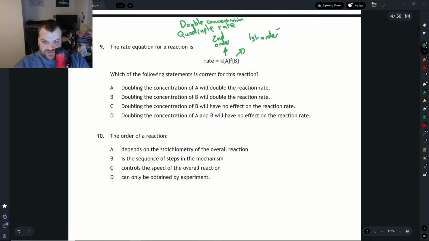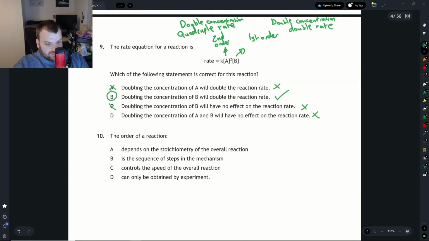And first order means if you double the concentration, you double the rate. So statement A, double A doubles reaction rate, is wrong. That's describing a first order one. B is first order with respect to B, so that is going to be our correct answer. They have an order, which means they will have an effect. The ones that say no effect have to be wrong.